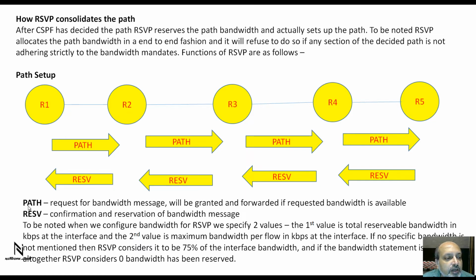This Path message is basically a request for bandwidth, and it will be granted and forwarded if the requested bandwidth is available. So RSVP will send a Path message from R1 to R2, and this Path message will be asking R2, can you ensure me a path having, say, 50 Mbps?